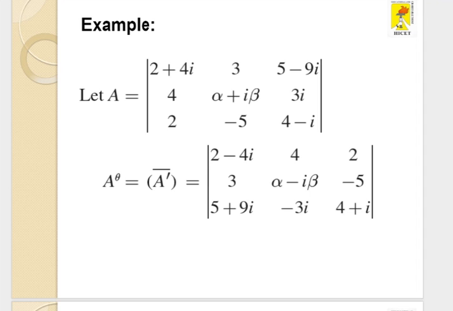So the first row will become column and column will become row. So our second row first element becomes 4 and 2, then 3, alpha minus i beta conjugate, minus 5, then 5 plus 9i, then minus 3i, 4 plus i. So in this, conjugate and also transpose, this is called A^θ. It is the conjugate transpose.